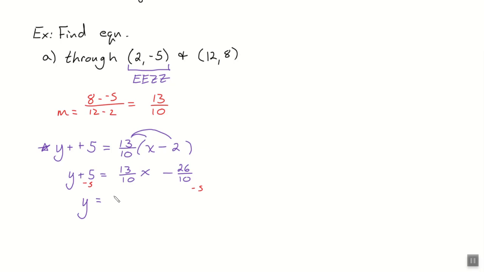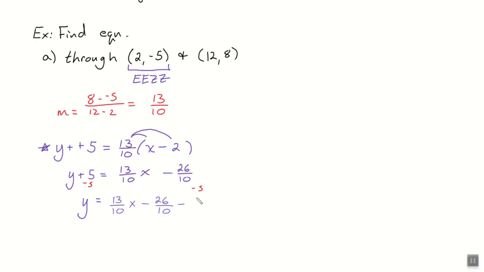I don't know what purple I was using. 13/10 x minus 26/10 minus 5. No. Common denominator. Ooh, so I'll have to make a common denominator, right? Now, we're all at different points. Some of you in here, I imagine, can get the common denominator without showing any extra work.